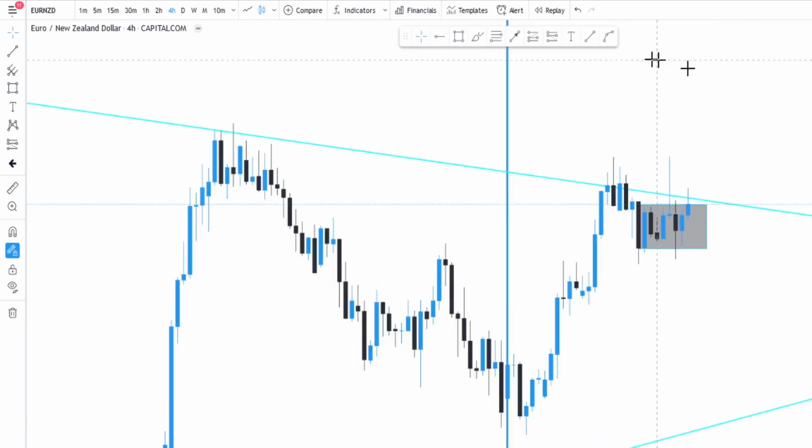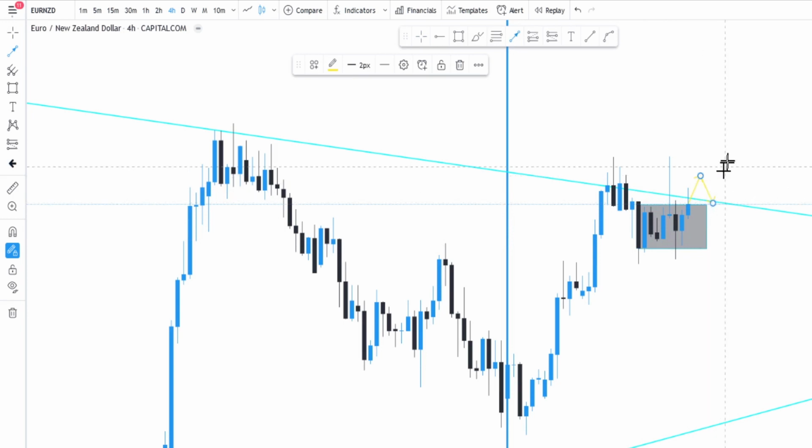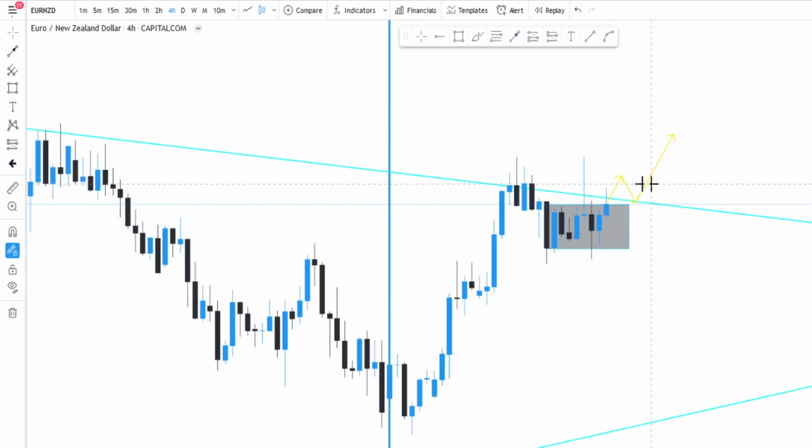So here we will wait for a break here, retest, and then go up. This is our forecast for this week. So let me go to another.